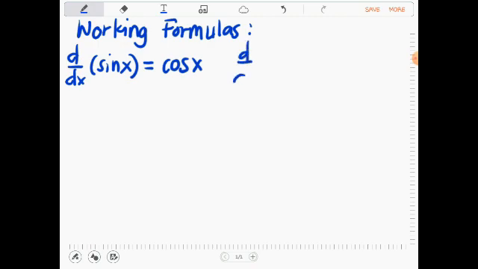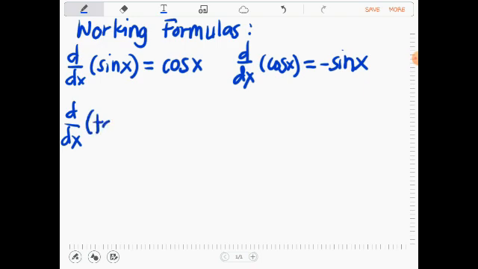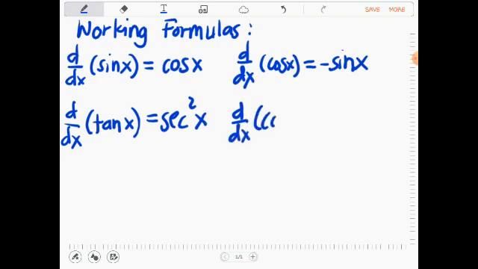Whereas yung derivative nung cosine of x is equals to negative sine of x. And then the derivative of tangent x is equals to secant squared x. The derivative of cotangent x is equals to negative cosecant squared x.